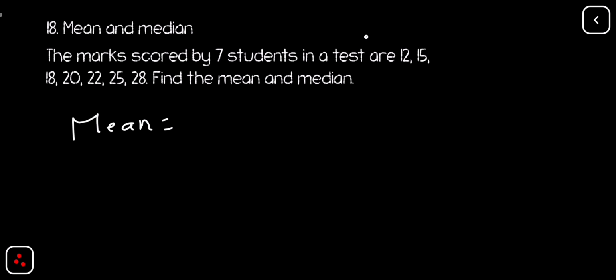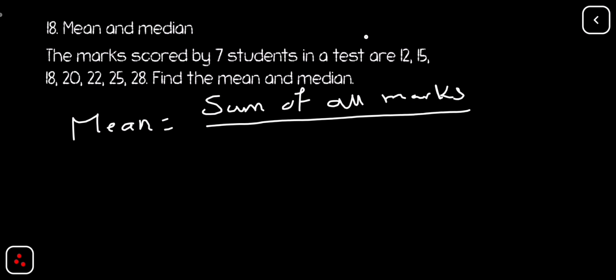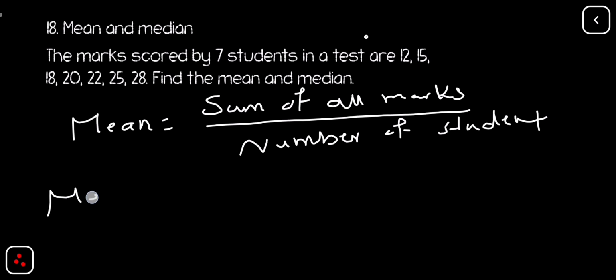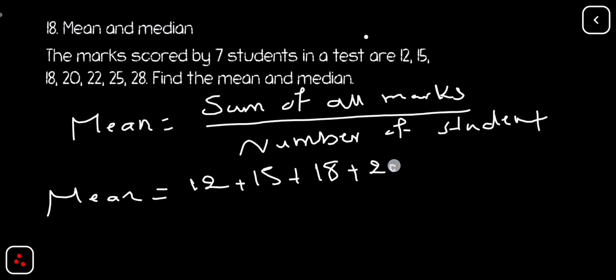The formula of mean is the sum of all marks divided by the number of students. So we have mean equal to the sum of all marks, which means 12 plus 15 plus 18, 20, 22, 25, 28.